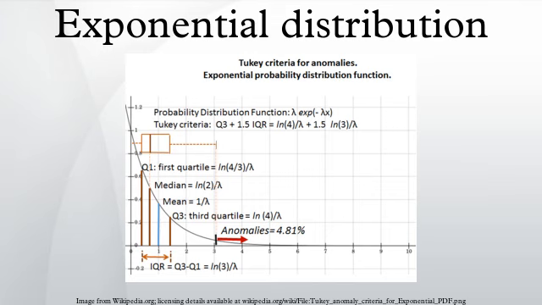Related distributions. The exponential distribution is closed under scaling by a positive factor. If X ~ Exp(λ) then kX ~ Exp(λ/k). If X ~ Exp(λ) and Y ~ Exp(λ₂) then min(X, Y) ~ Exp(λ + λ₂). If X_i ~ Exp(λ_i) then min(X₁, …, Xₙ) ~ Exp(Σλ_i). The Benktander–Weibull distribution reduces to a truncated exponential distribution.